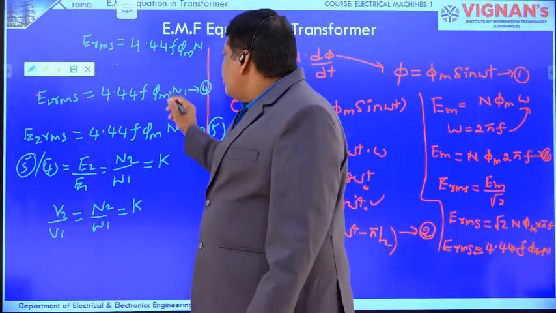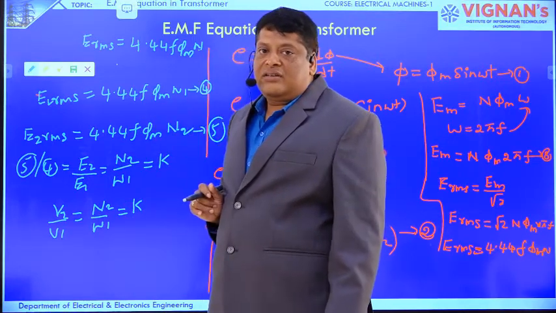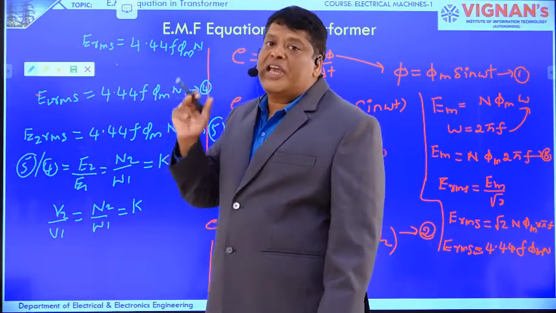But in the problem, the maximum value of flux is not given. Flux density and cross-sectional area of the core are given.